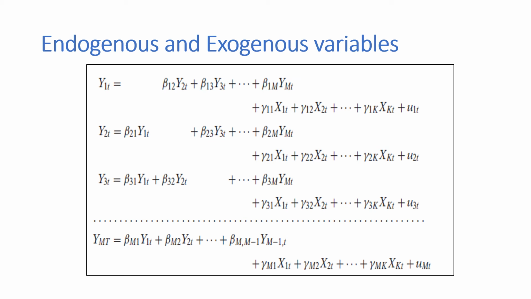So in this model, we have a simultaneous equation model consisting of m equations. We have m equations represented by m endogenous variables, y1, y2, y3 till ym.